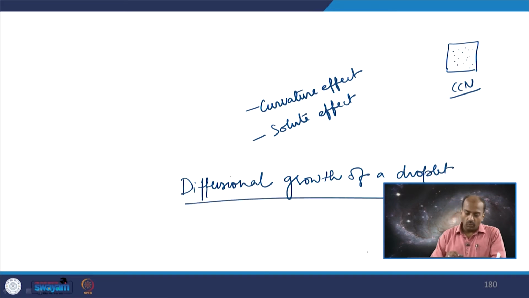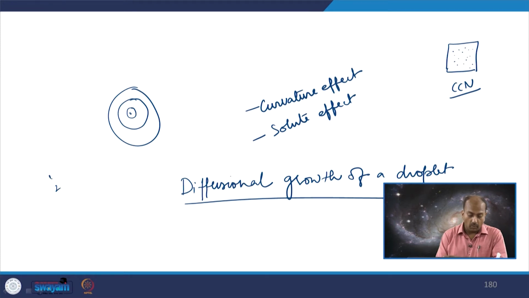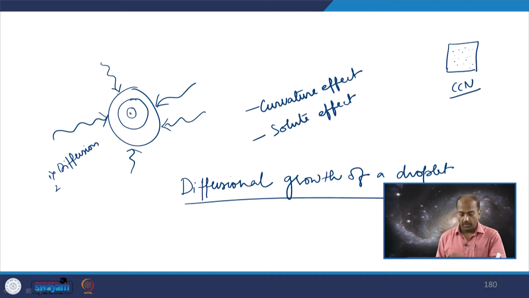We have seen that once the tiny droplet forms in sizes of typical micrometers, this droplet has to grow to larger sizes. How does it grow? It grows by two different mechanisms. One is by diffusion, where water molecules from the surroundings will diffuse into the droplet and contribute to the increase of its size, right.